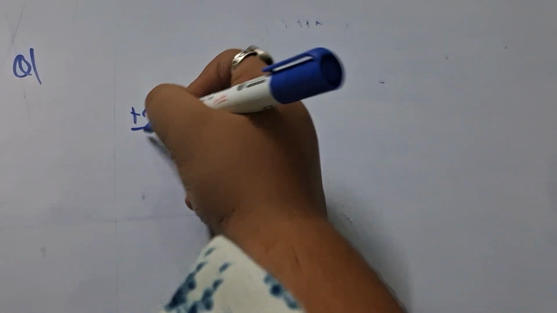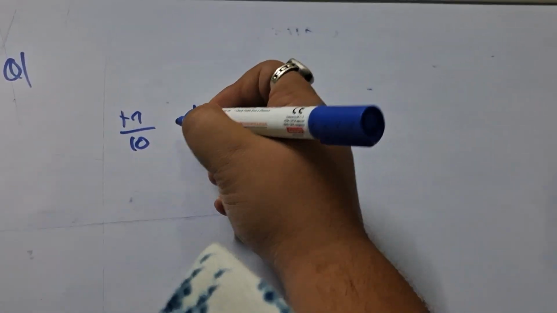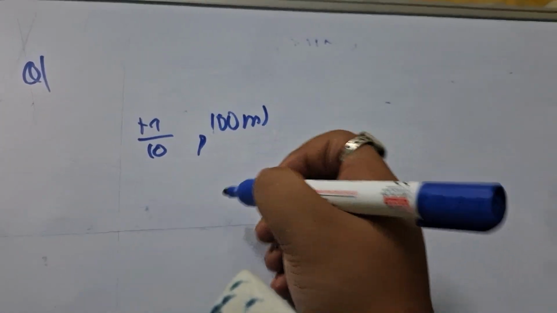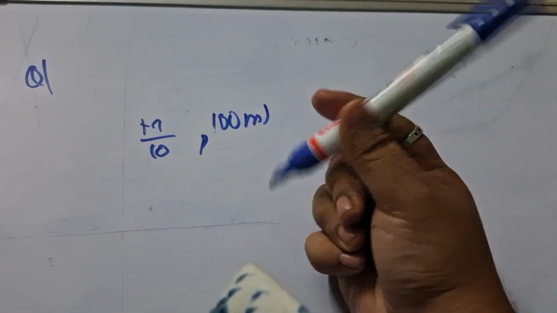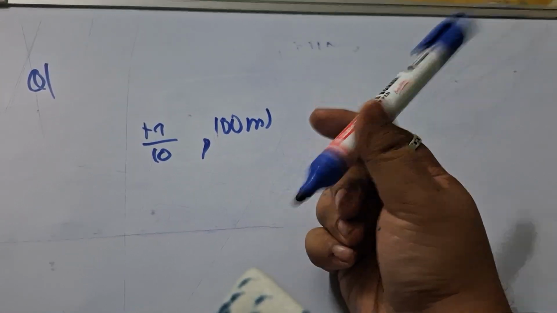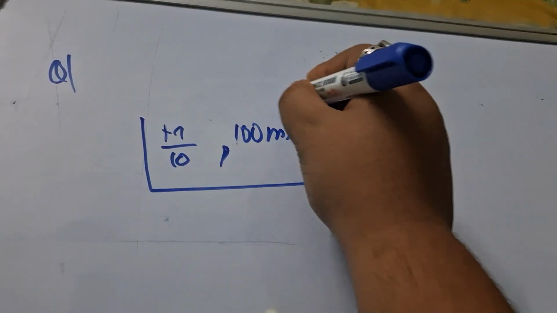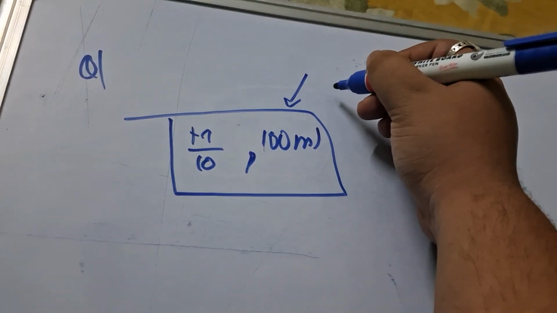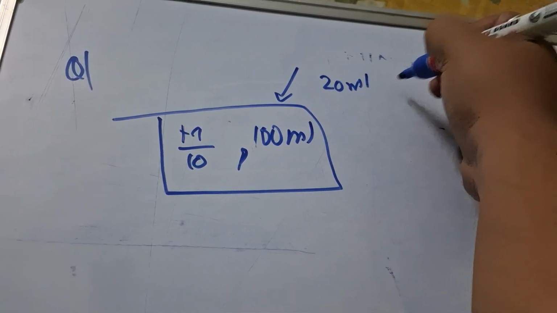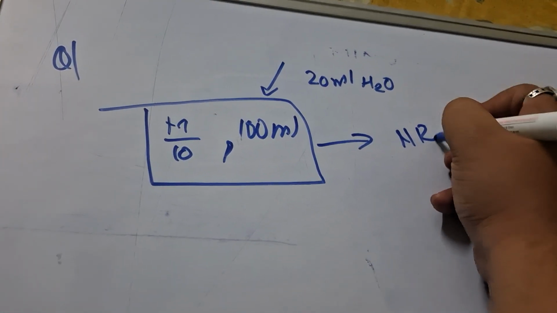Question. You have M by 10, 100 ml of, I don't know, anything. Now you add 20 milliliters of H2O to this, then you will get an end resultant.